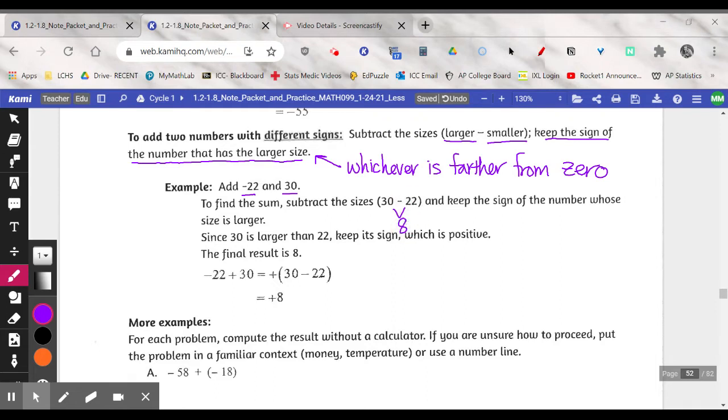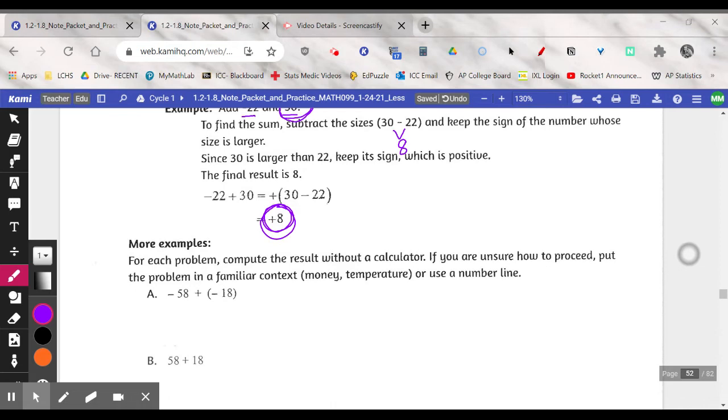We are then going to find whichever number wins the tug of war battle of signs. So when we just look at which of these is farther from 0, it is 30, which is our positive number. So the positive won the tug of war. So that's why our answer is positive 8.